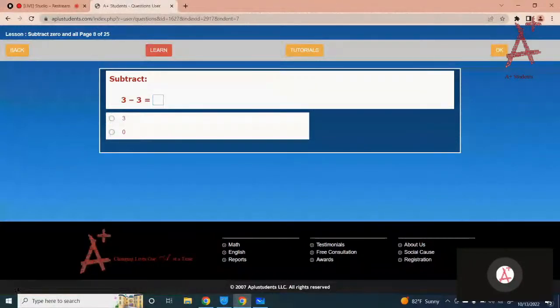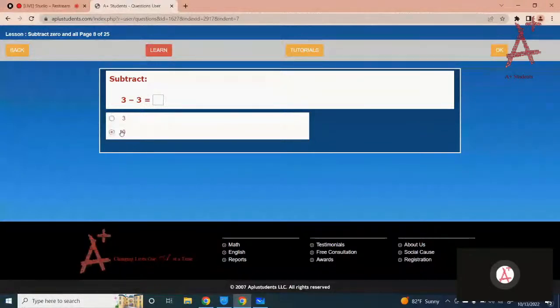Okay, 3 subtract 3. The answer is, do you know the answer? Write the answer if you know. 3 minus 3 is, when you are subtracting a number from itself, the answer is 0.